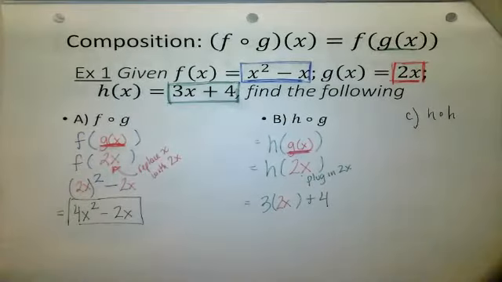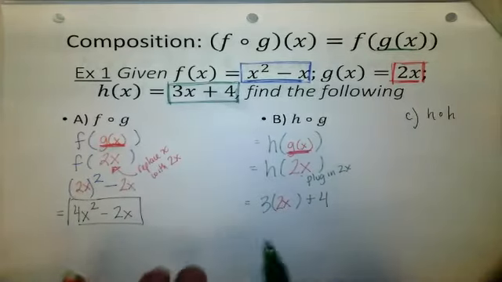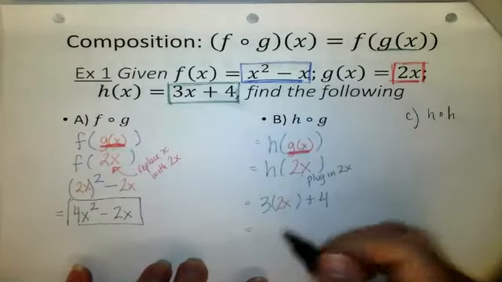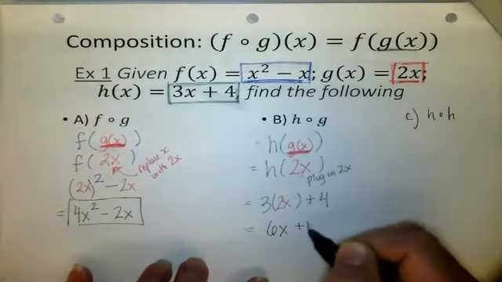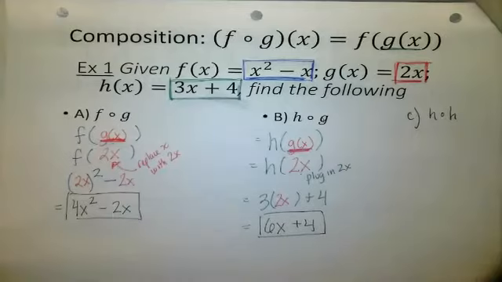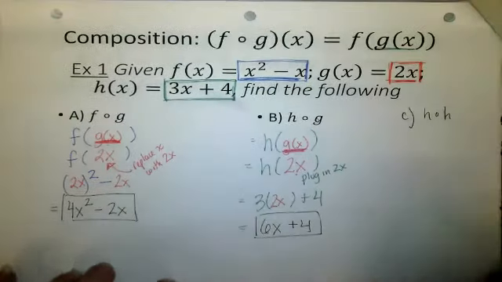Plug in 2X to your H function. All right, and clean it up. What is 3 times 2X? 6X. And then a big plus 4 on the outside, and we're done. I like this. Good. Your work today is pretty simple, so that's good. Pretty easy.